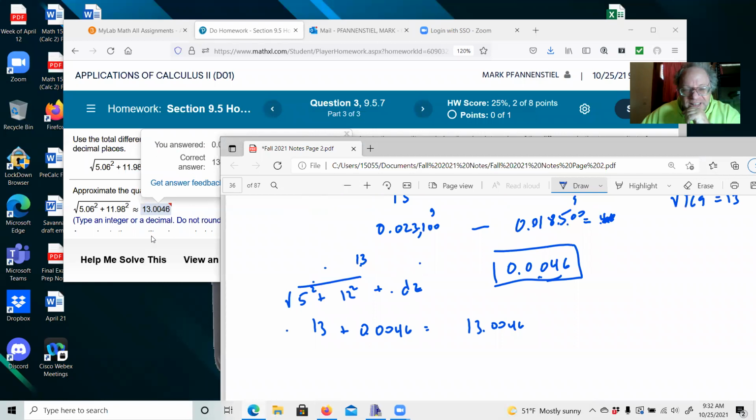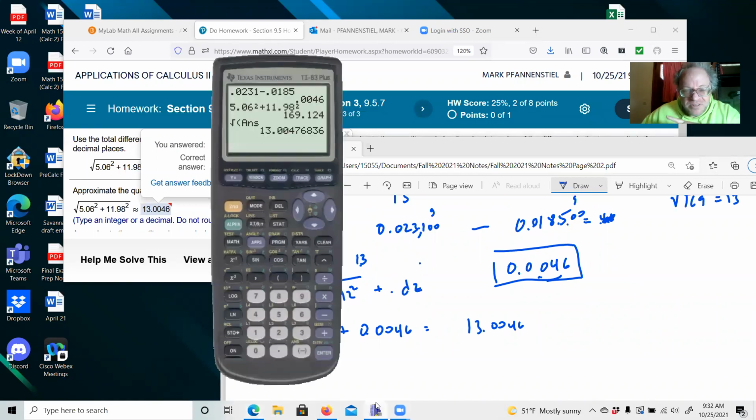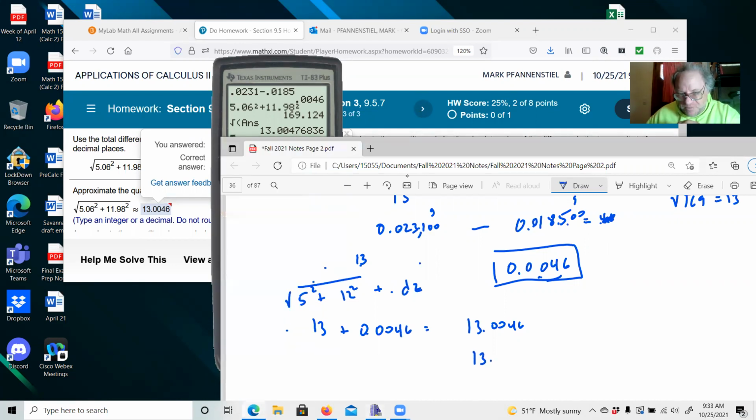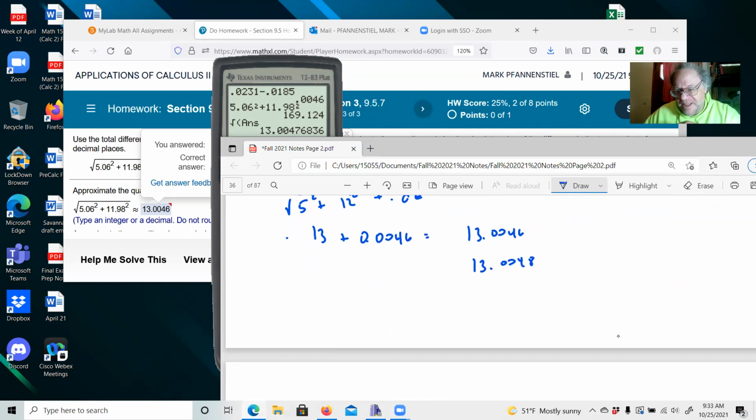Let me just do it with a calculator, because we live in the 21st century. We type in 5.06 squared, 11.98 squared, take our square root, and we get 13.00478. So our actual answer is 13.0048. So we are off by 0.0002.